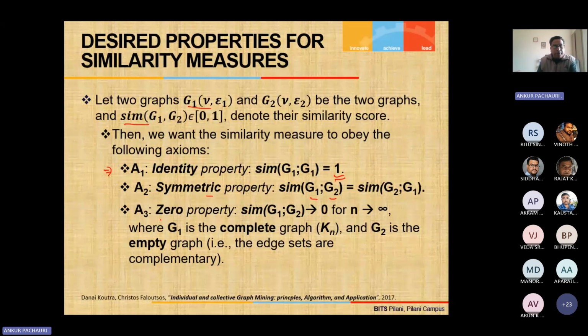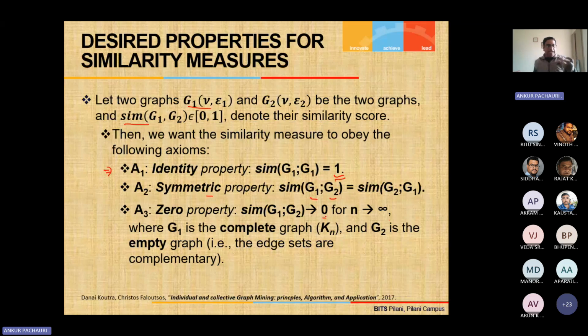The third is the zero property, which means that the similarity of G1 to G2 tends to 0 as n tends to infinity, where G1 is the complete graph of k nodes and G2 is the empty graph. If my two graphs are complementary to each other, the similarity score between them should move towards 0.